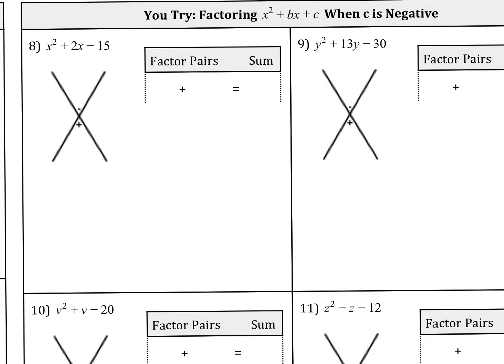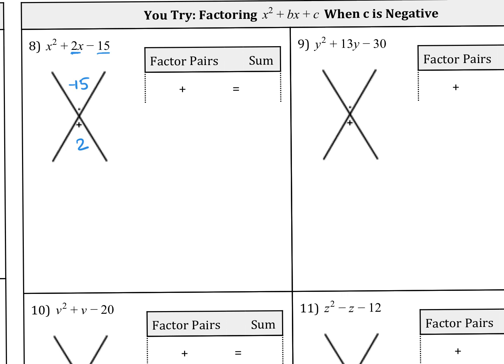Now the third type of factoring, when the last number is negative and it is -15, you write the bottom number here and look for two numbers. When you multiply, you get negative 15, and when you add, you get 2.